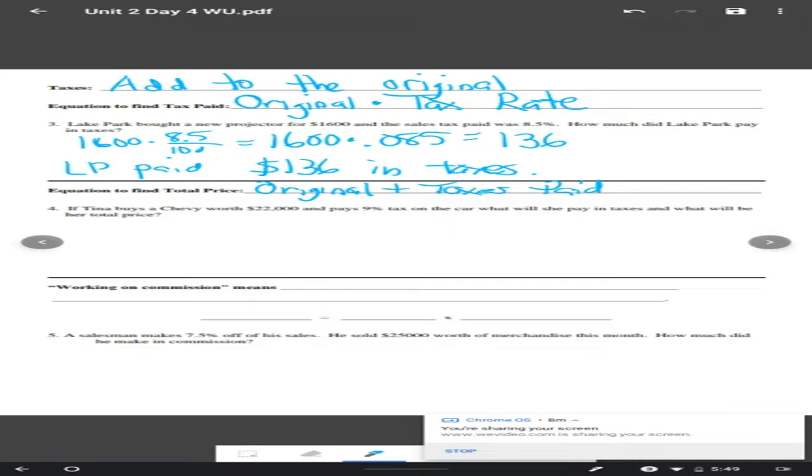So if Tina buys a Chevy worth $22,000 and pays 9%, we get 22,000 times this 9 divided by 100, which is 22,000 times 0.09 in my calculator, or move the decimal 2 to the left, you get 0.09. So if you multiplied that, 22,000 in my graphing calculator times 0.09, we get $1,980.